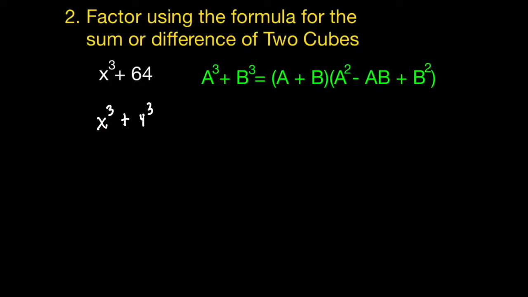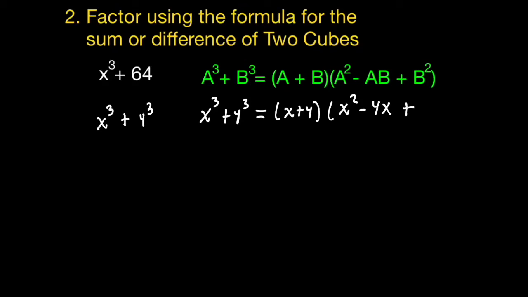I'm going to let x take on the value of a, and I'm going to let 4 take on the value of b. Following the outline, we get x cubed plus 4 cubed, and I will replace all of my a values by an x. I'm going to replace all of my b values by a 4. Doing so, I get x plus 4 multiplied by x squared minus 4x, or x times 4, it's the same thing.